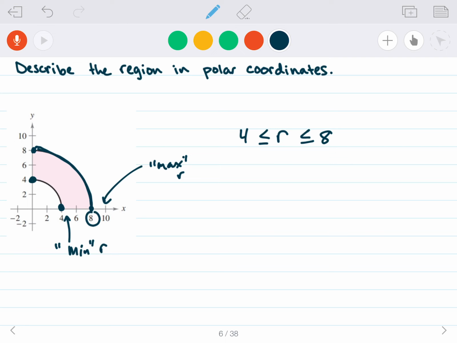So what would our theta be? Where would our angle range from? Well, again, you measure theta from the origin. You kind of throw a ray out there and then see which angle it sweeps out. So this guy would correspond to theta equals 0.